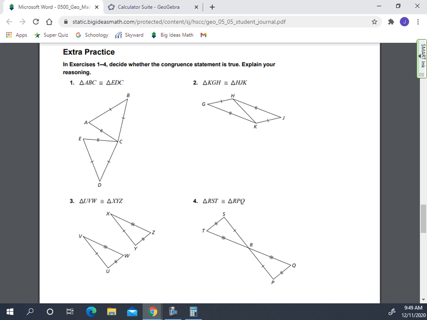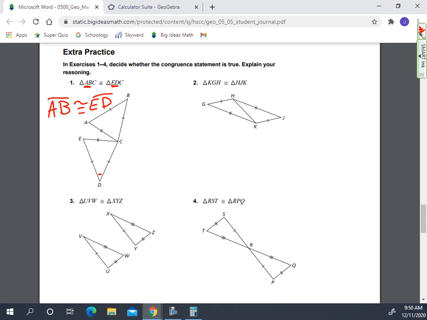Okay, this first one, they said ABC is congruent to EDC. One way we can look at this and say if this is true or not. Look at the first two letters. They said AB. Is AB congruent to ED? Is this a true statement?